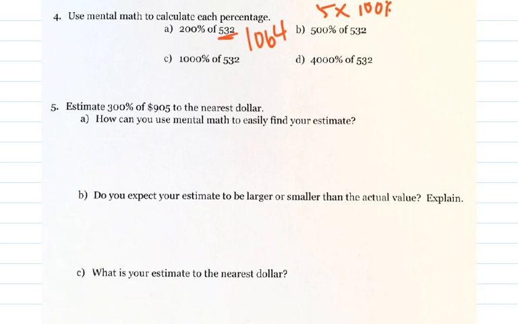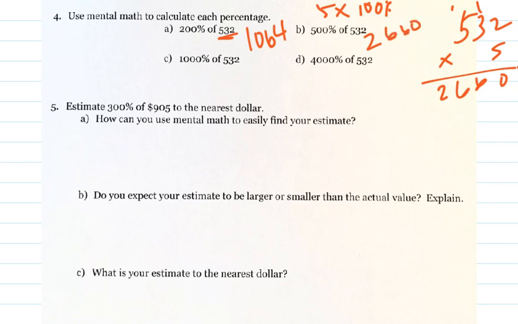So 532 times 5 would be 2,660, okay? 1,000% would be 10 times bigger, so that'd be 5,320, okay? Just multiplying this number times 10.